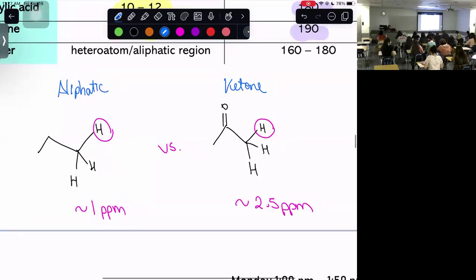Okay, now, ketones, they have a carbonyl group, like aldehydes, carboxylic acid. So why is the ppm value not higher than 2.5? Why is it not around 10 to 12? Because of the double bond? The double bond will tell you that it's going to be more deshielded. But in practice, we are going to see that it's not. It's actually to the right of the spectrum. So why? Why is it shielded if it has a carbonyl group adjacent?